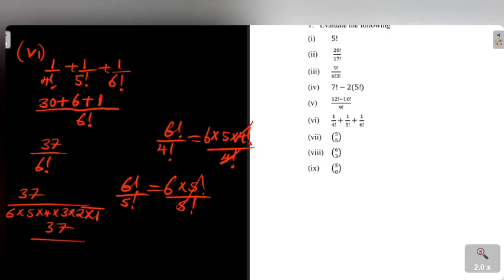Then 30 times 4, we have 120. Then 120 times 3, 360. Then times 2, 720. So we have 37 over 720. That becomes our answer for that function there.